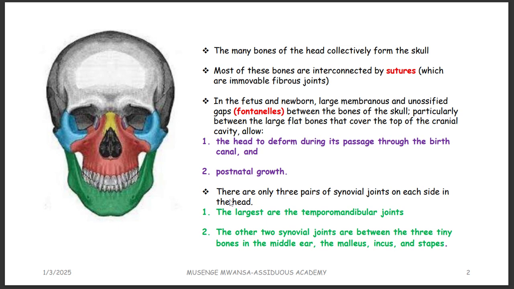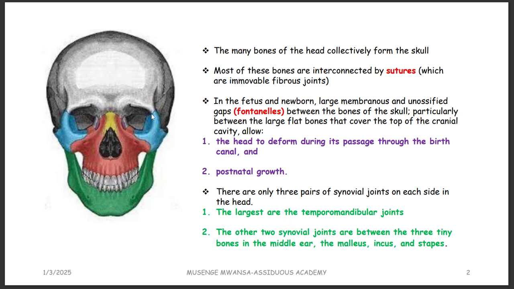There are different types of joints that you are going to see in the head and neck, but the largest joint is the temporomandibular joint, between the mandible and the temporal bone. You are going to be able to see that. And then you are also going to have synovial joints.